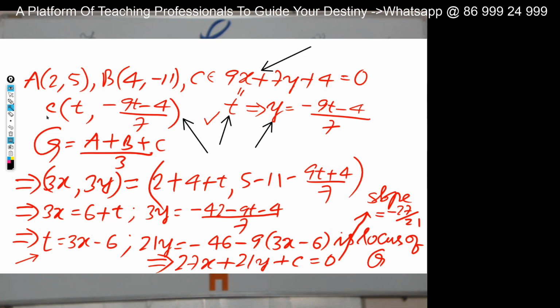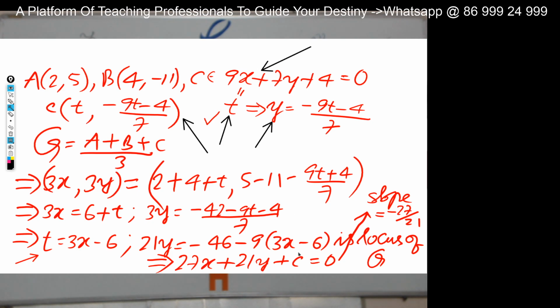By taking all the points A, B, C, you know the centroid is A plus B plus C by 3, and thereby we simplified this. Finally, you must also get the idea that this t is to be eliminated. From the first equation we have got t to be 3x minus 6, and it is substituted in this one, and finally you have got this equation 27x plus 21y plus some constant.